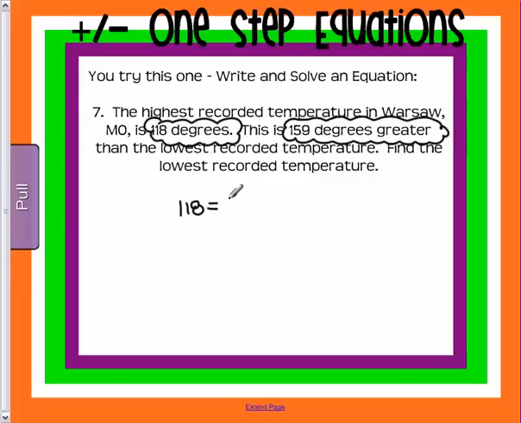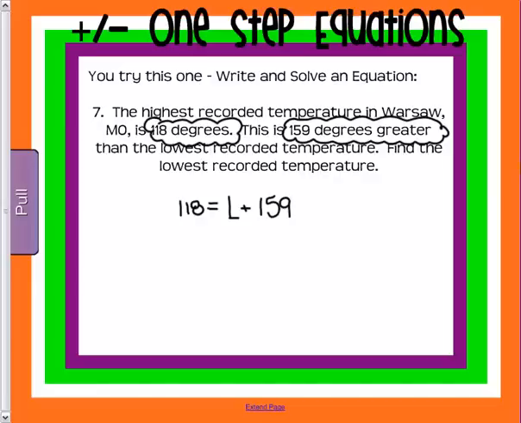So make sure that you have a good equation written down, okay? I'm going to do the lowest temperature with an L, and it would be the lowest plus the 159 equaling the 118.